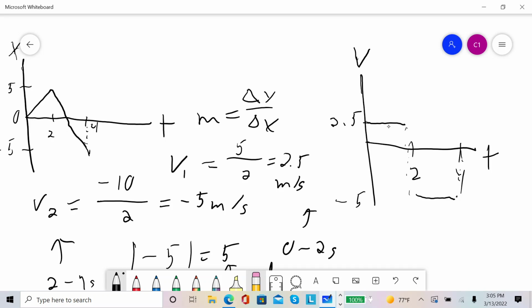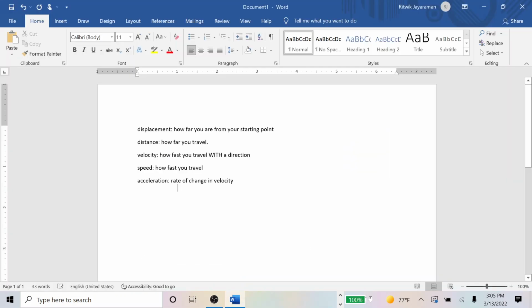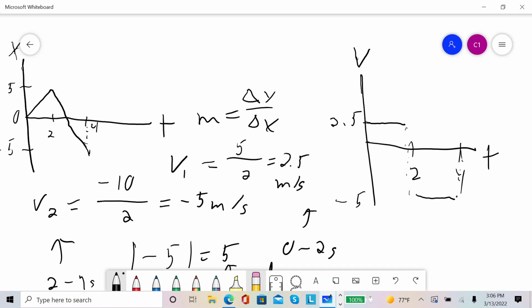Now, if we go back to a Word document here and write these differences and relationships, the slope of your position time graph, I'm going to denote that as xt, position time graph, equals velocity. Now, the slope of your velocity time graph is going to equal acceleration. And why is this? Remember, acceleration is defined as your rate of change in velocity.